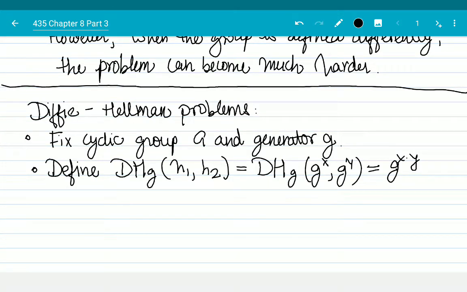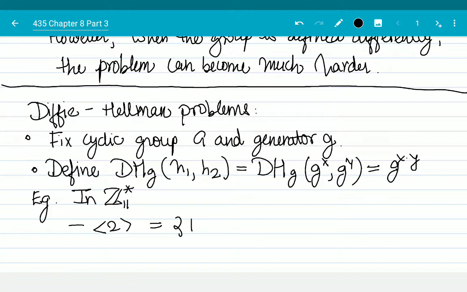For example, in Z11 star, as we saw last time, not this lecture, I did a different example.